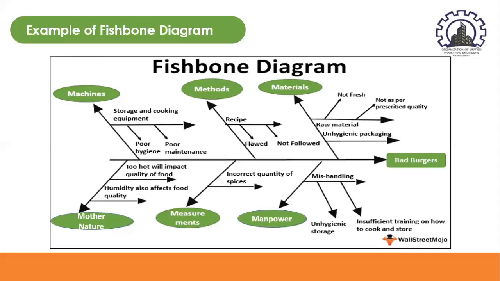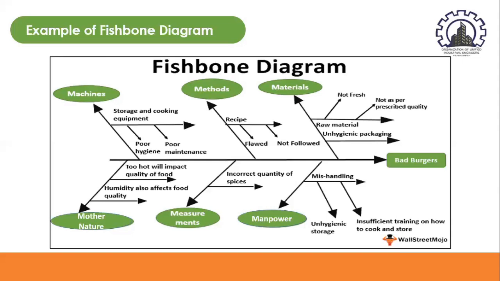Since you want to know the reasons why, you need to make use of the different spines, okay? You have manpower, measurement, mother nature, machines, methods, and materials. Now, in terms of manpower, what can be one reason that causes a bad burger? As you can see there, you have mishandling, okay?